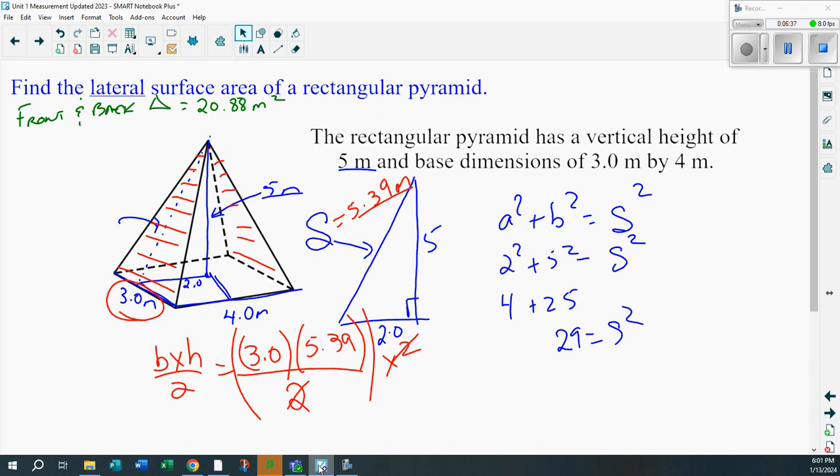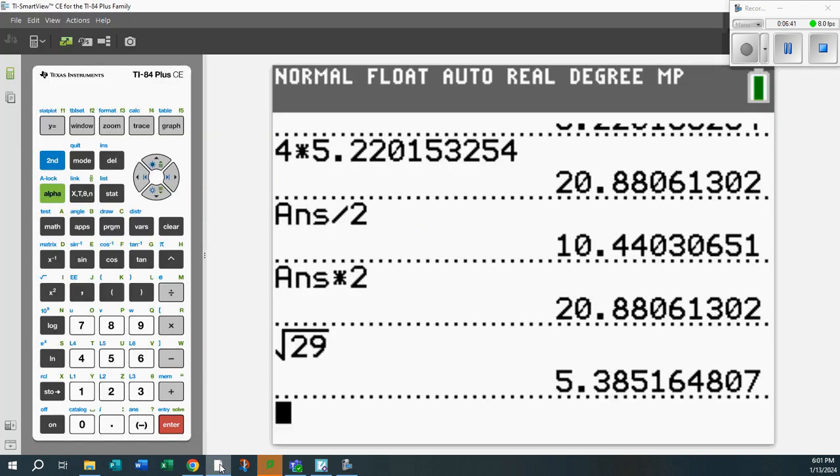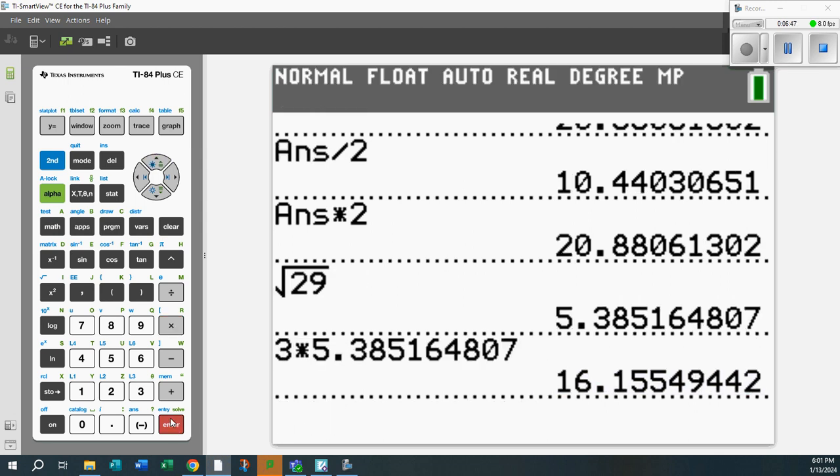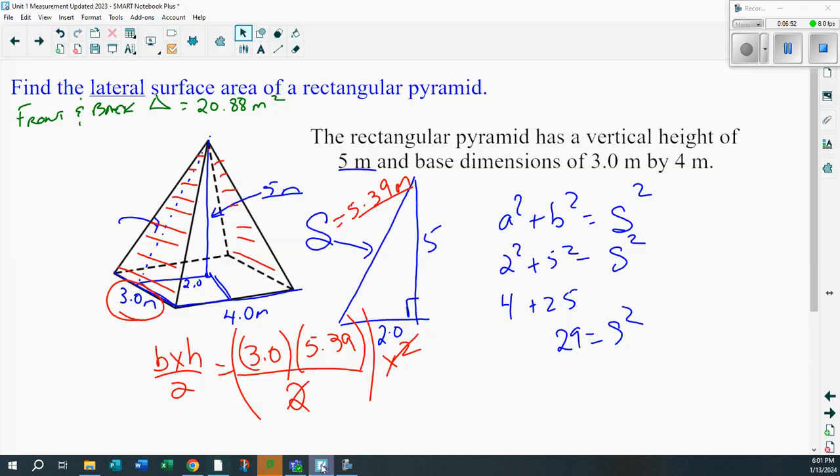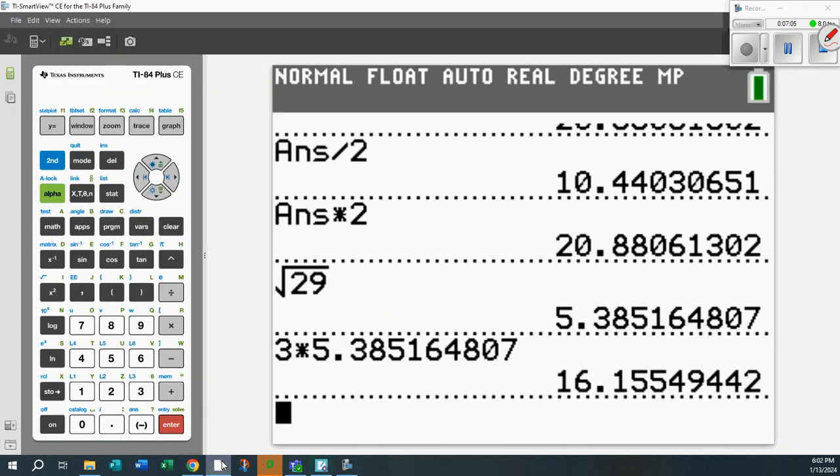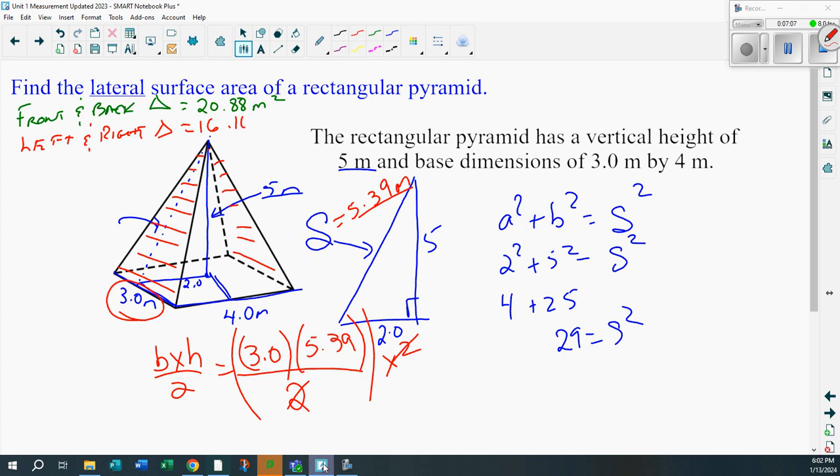So we're going to go 3 times whatever that 5.39 is. Boom, to give me a value of 16.16. So this is the left and right: 16.16 meters squared.